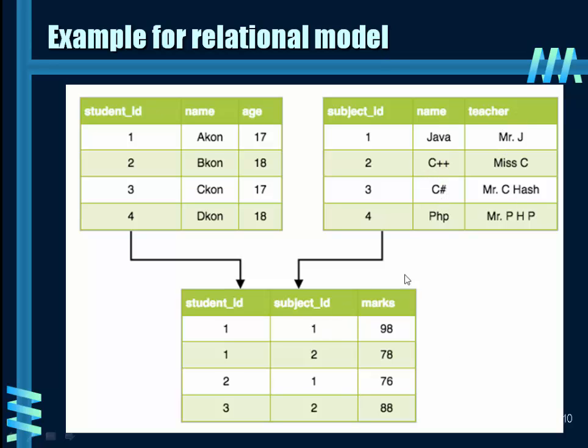And this is a relationship, teaches, which takes common fields: student ID, subject ID, and marks obtained by a particular student. I can give the relationship the name grade report. In this way, we can create a relationship between two entities. So this is an example of the relational model.